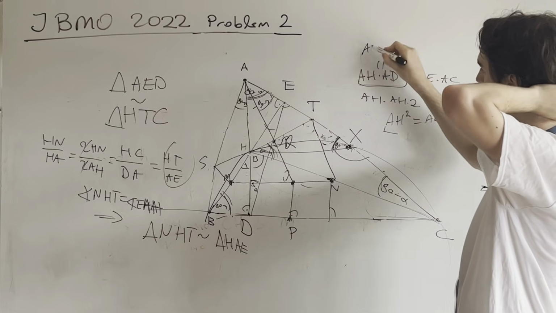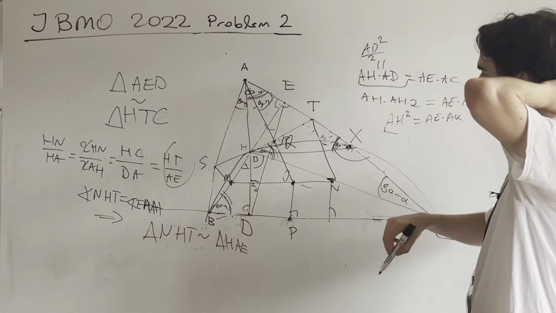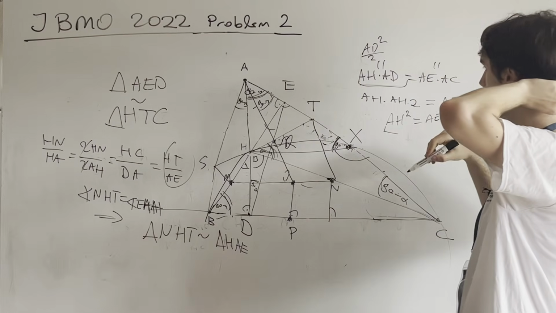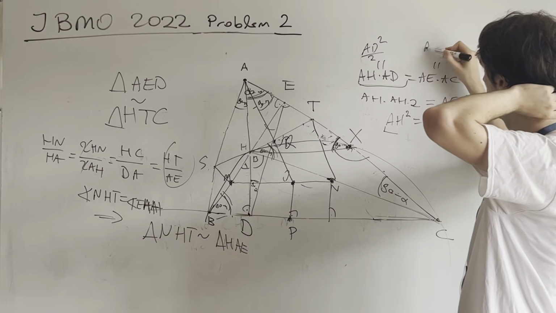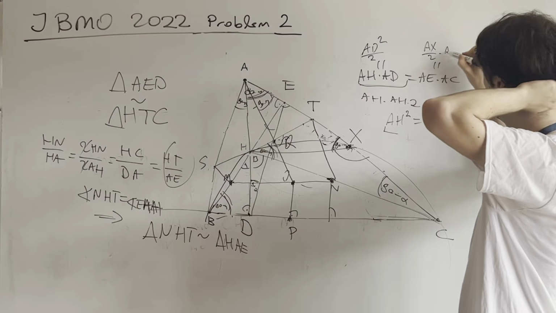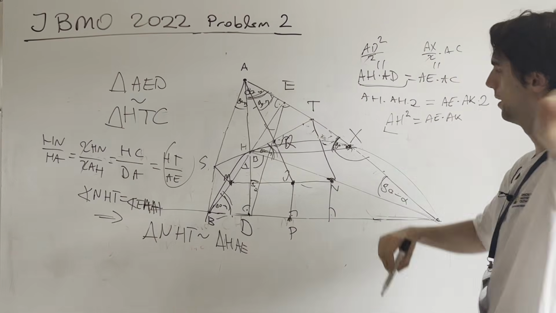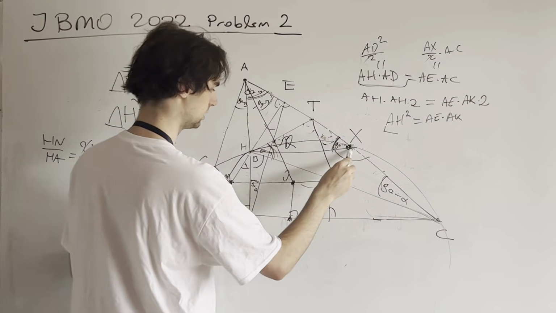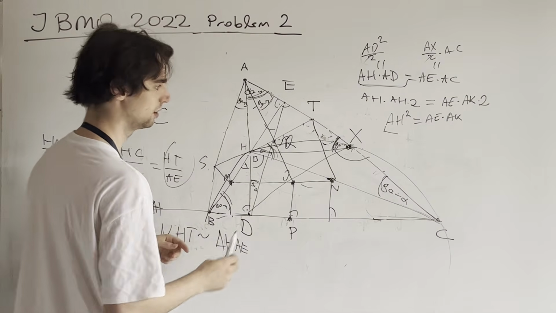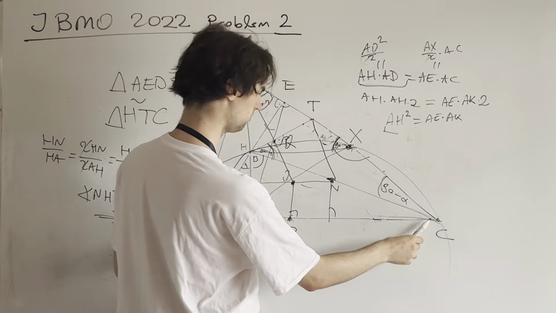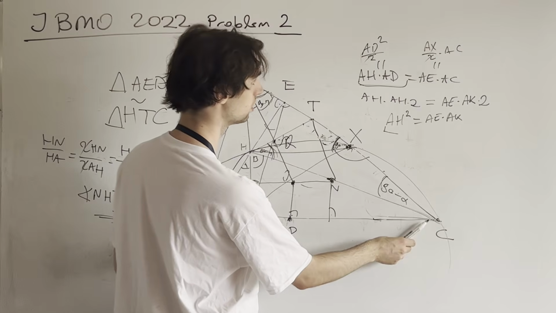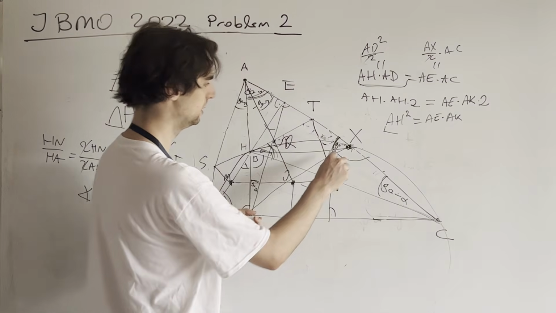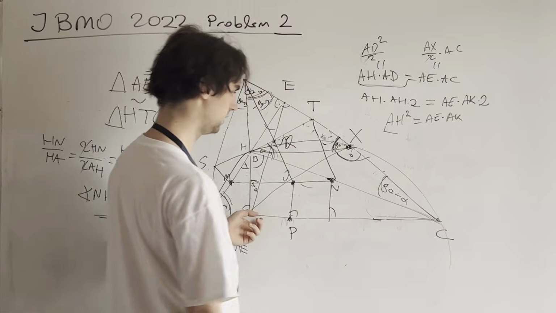This is equal to AD squared over 2, right? Because AH is AD over 2. And this AE times AC is AX over 2 times AC. So I have AD squared is AX times AC. Interesting. So that means that this angle over here is 90.